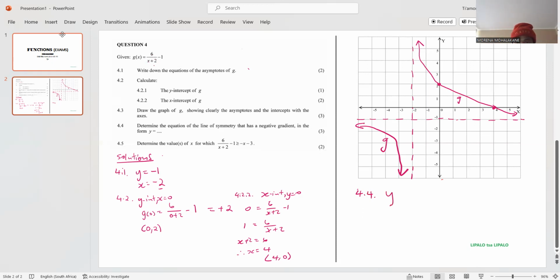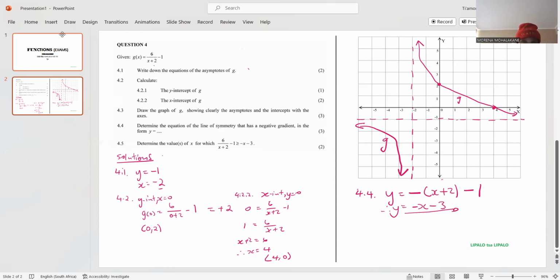So y is equal to negative x plus 2, then minus 1. I took all of this here. Then I have negative x minus 3. That's my equation.